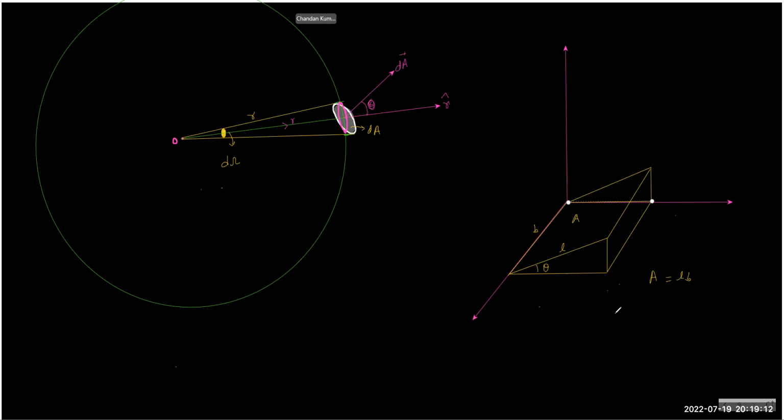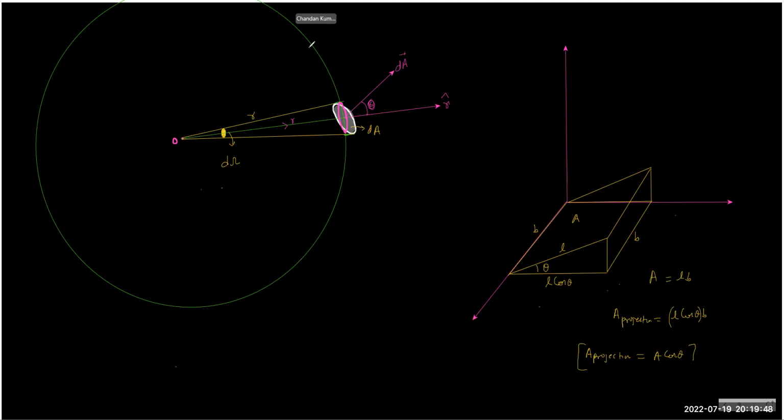So the projection will be L cos theta into B, correct? Is this clear? Yes or no? So we can see the projected area is A cos theta.